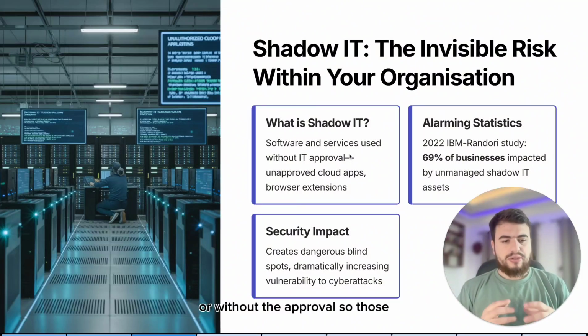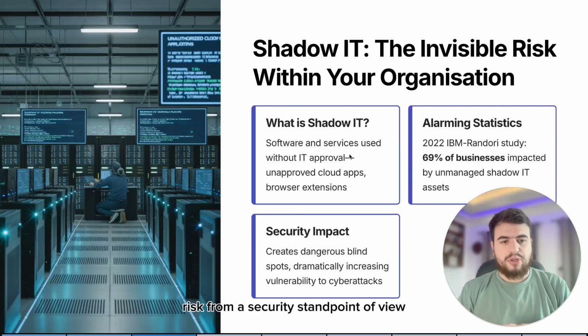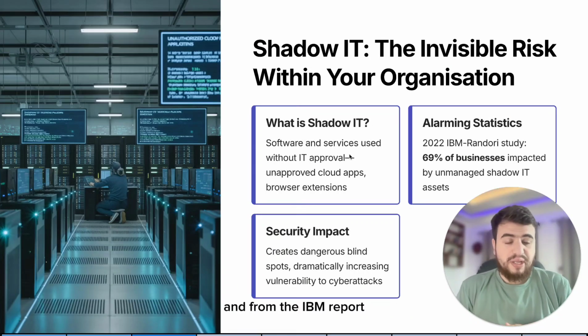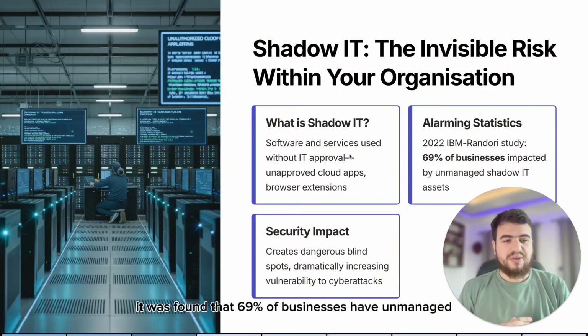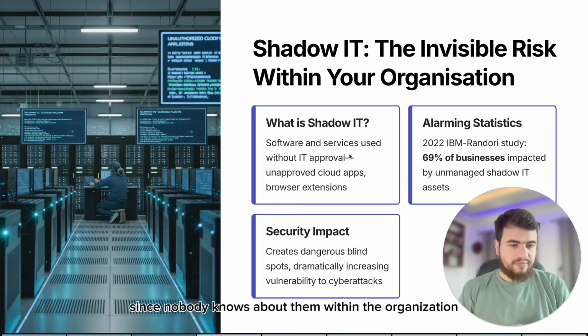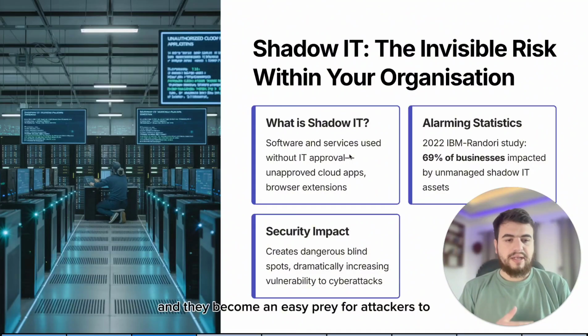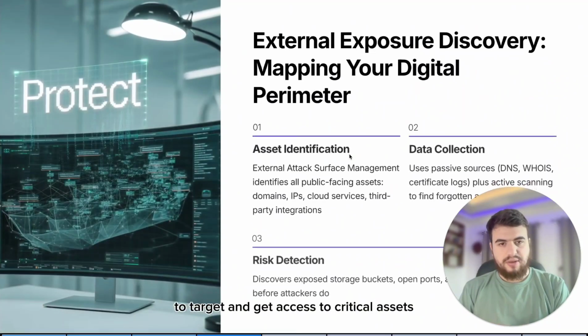So those assets remain unmanaged within the organization, which is a risk from a security standpoint. From the IBM report, it was found that 69% of businesses have unmanaged shadow IT assets. The problem with these assets is, since nobody knows about them within the organization, nobody is bothered to secure them, and they become easy prey for attackers to target and get access to critical assets within the organization.